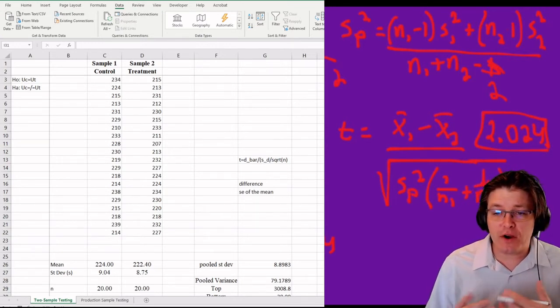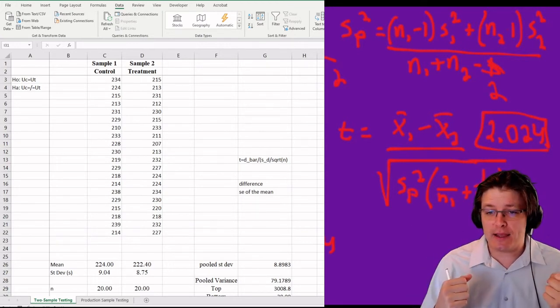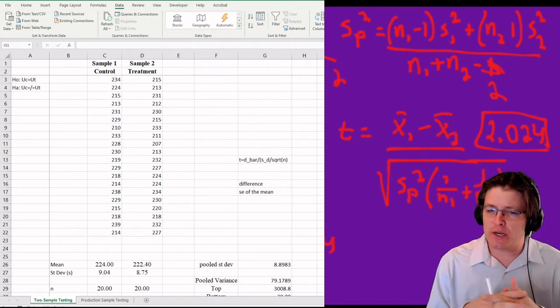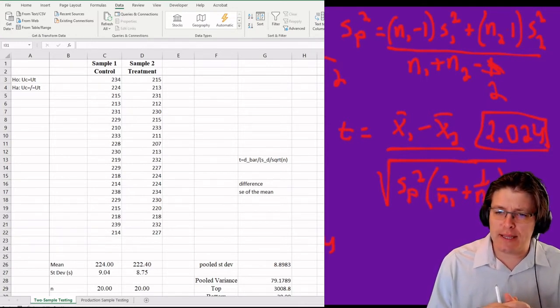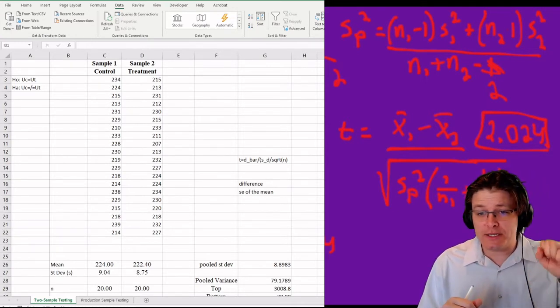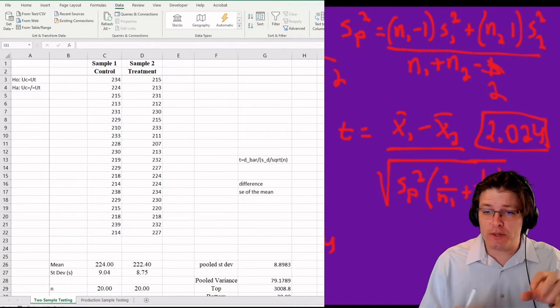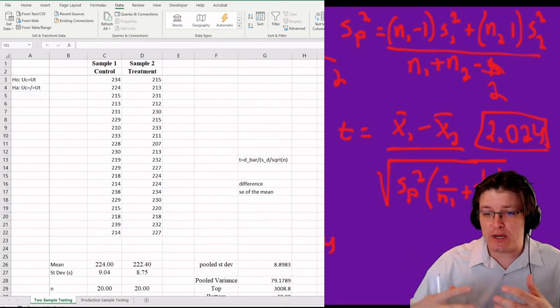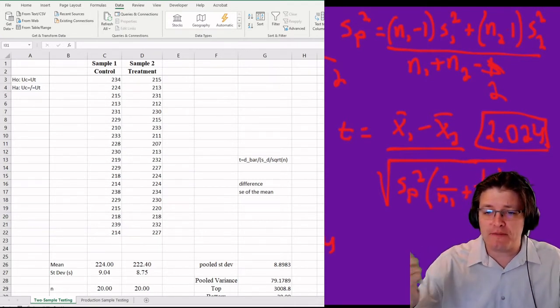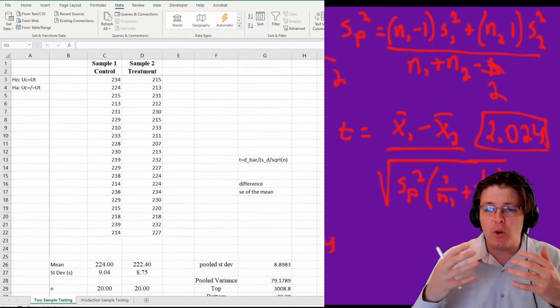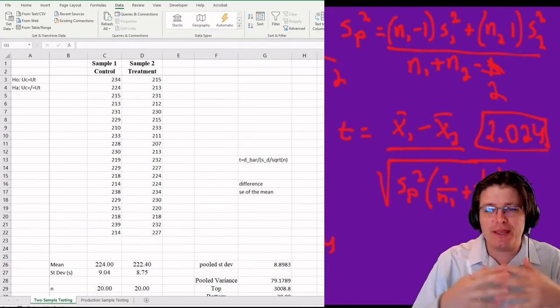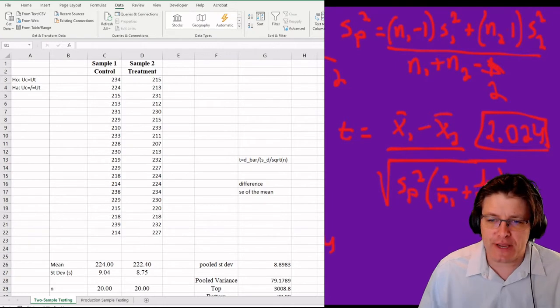So thus far in chapter 11, we've been assuming that the two samples we take have no real connection to one another, in that sample 1 is a random selection within a group, and sample 2 is a random selection within a group or a population, right? They're both coming from a population, but there's no connection between the different sampled observations.